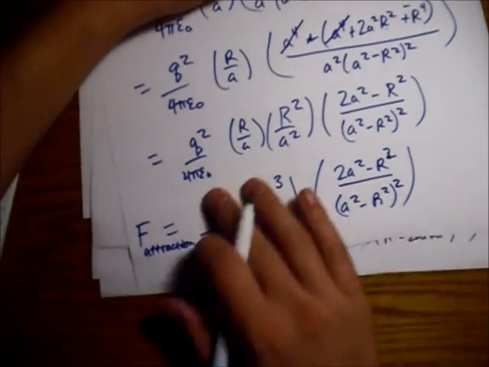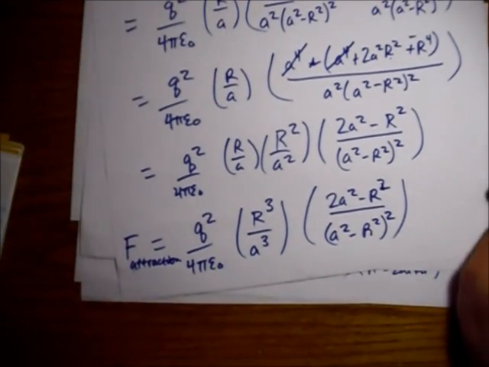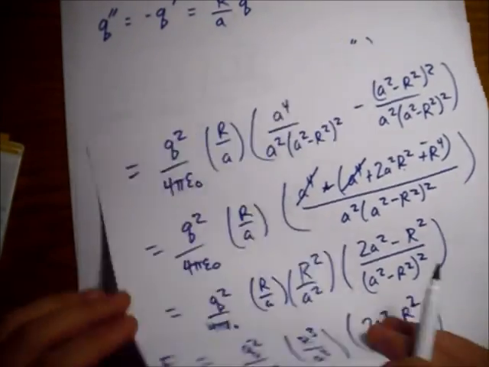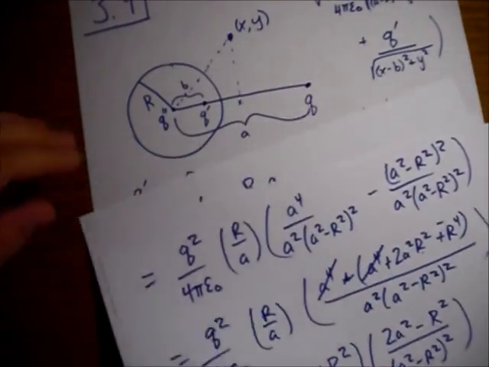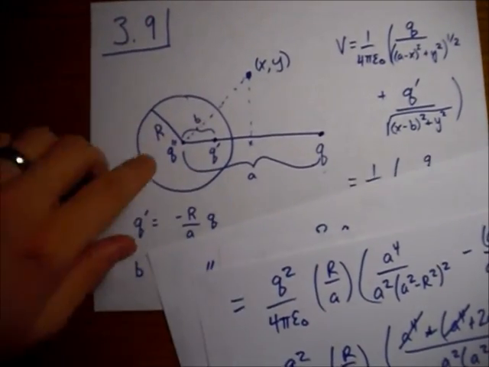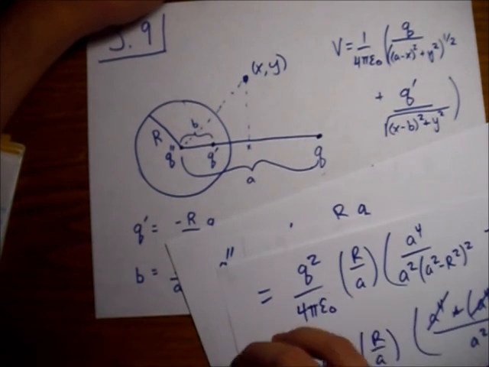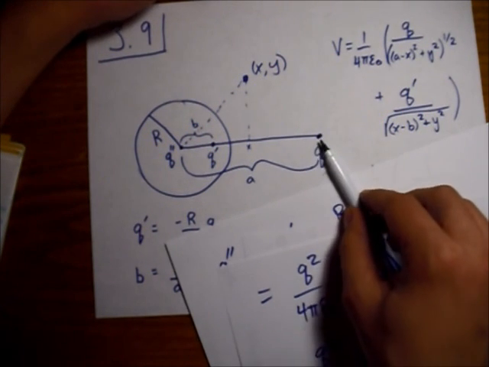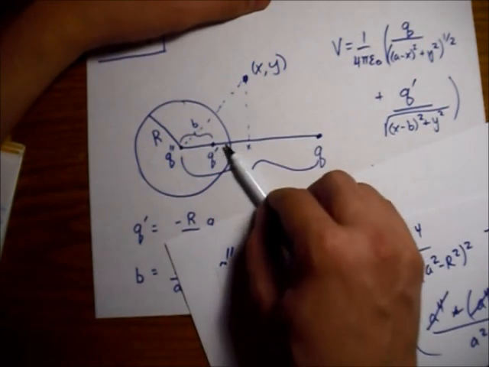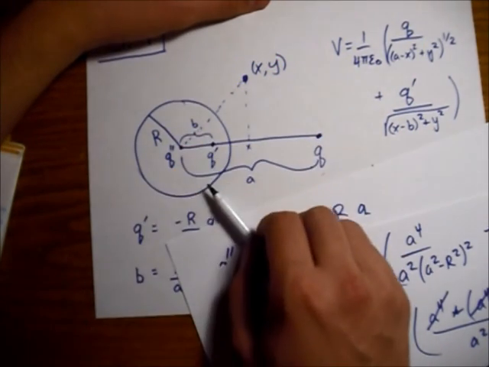Force of attraction is equal to this. It's positive. So that just means if I find myself a conducting spherical shell, and I find myself a little test charge and bring it in, the charge is going to be attracted to the shell.